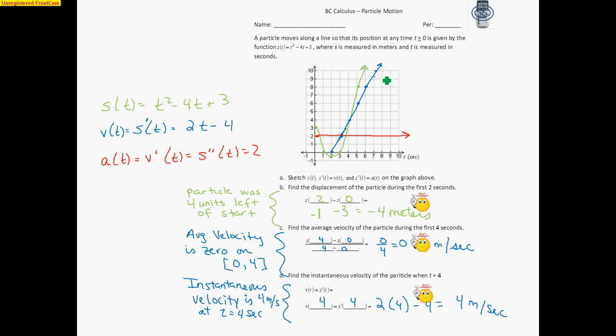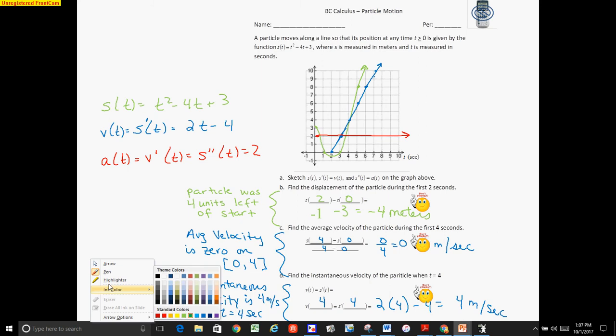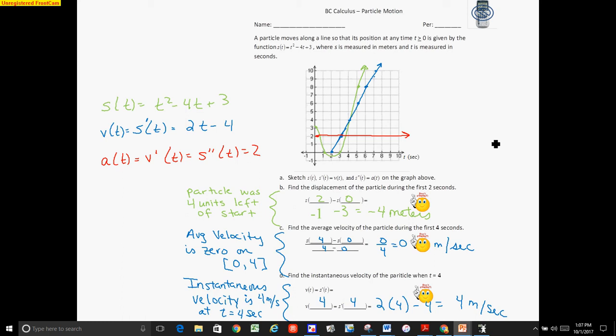if you look, this is what I had talked through. Right? When I found my -4 meters here, that told me the particle was 4 units left of where I started.